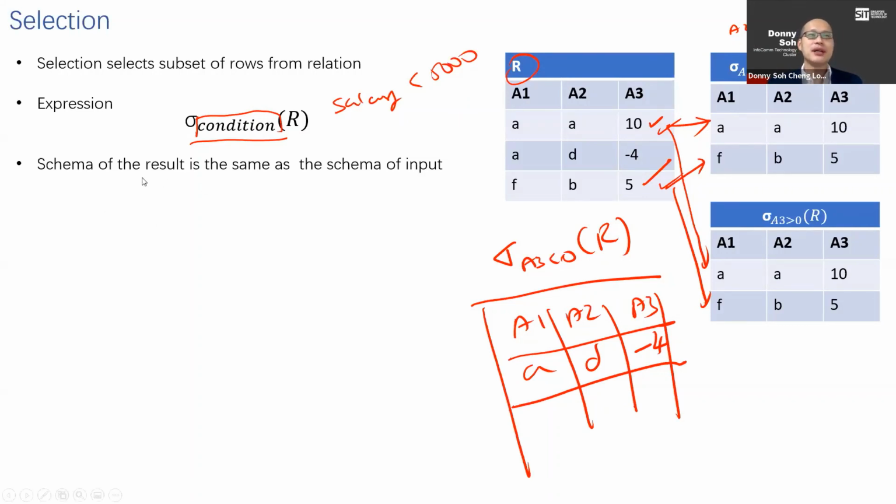And the schema of the result is going to be the same as the schema of the input. Why? Because we actually didn't do any other actions other than selecting. So I'm going to be selecting all the attributes when my rows hit a certain condition. So the schema of the result is going to be the schema of the input.